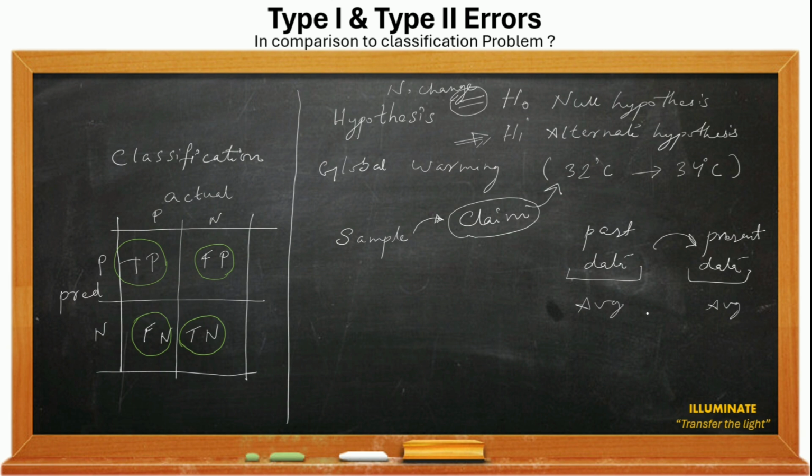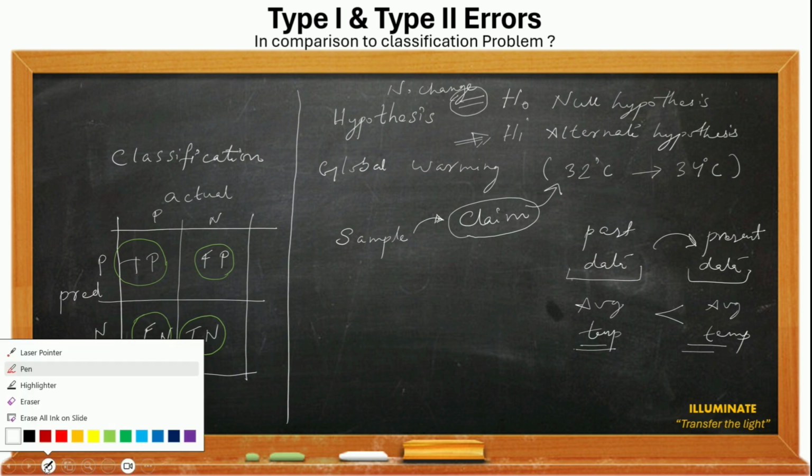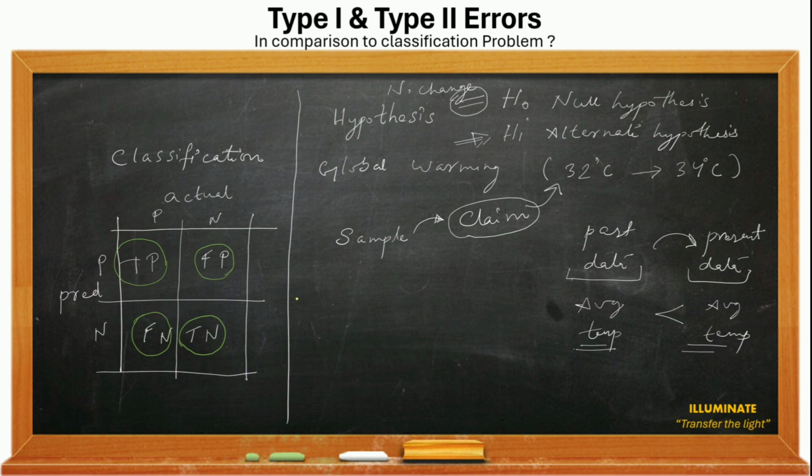Then we'll compare whether the average temperature before is actually less than the average temperature after. So this is a one-to-one comparison. You might have collected a lot of data, but at the end they are interested in checking whether the temperatures have actually gone up in the present situation.